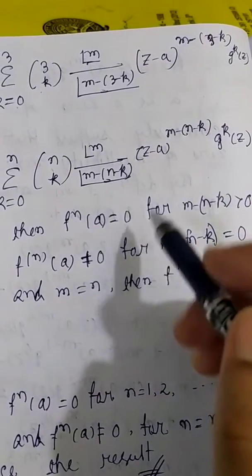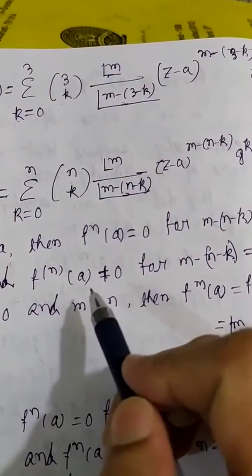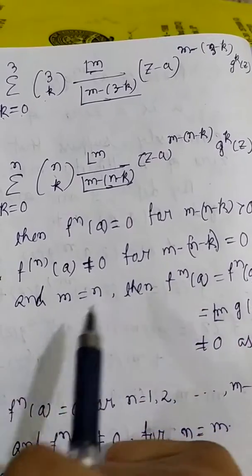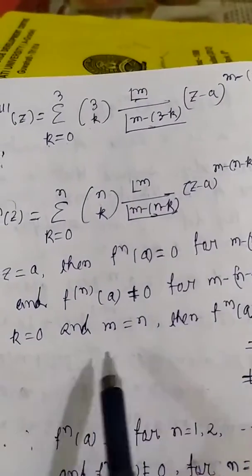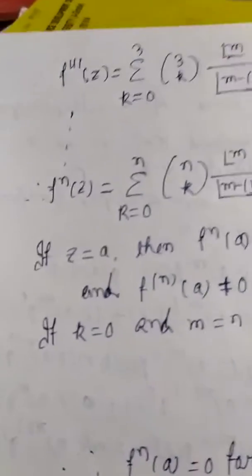Since there is no term z minus a, automatically f^(n)(a) is not equal to 0. So in that case f^(n)(a) is not equal to 0.